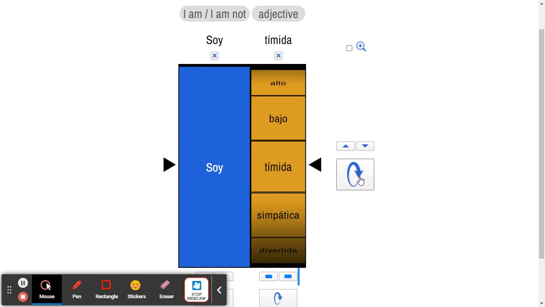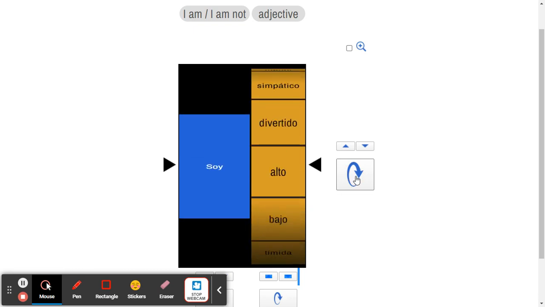So the first one is soy tímida. What does soy tímida mean? That's right, it means I am shy. Is that masculine or feminine, that sentence? That's right, it's feminine because it says tímida, doesn't it? Let's do another one.